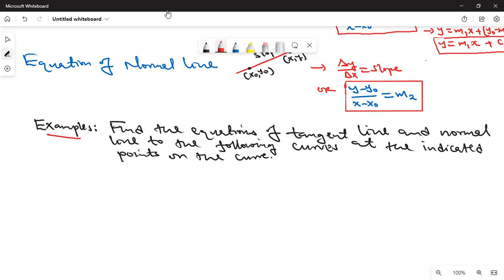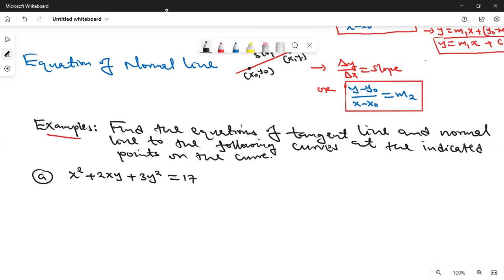Part A. We are given the curve x squared plus 2xy plus 3y squared equals 17.